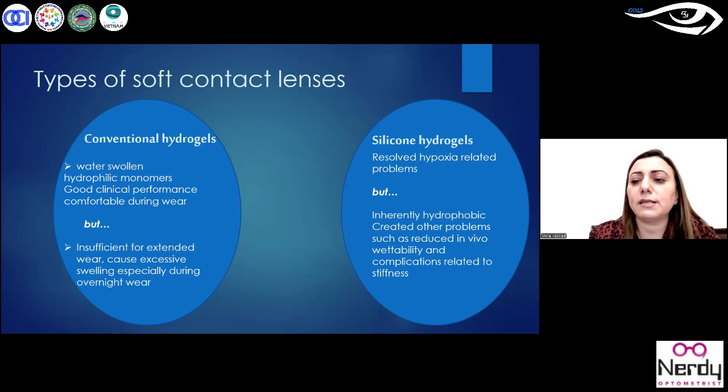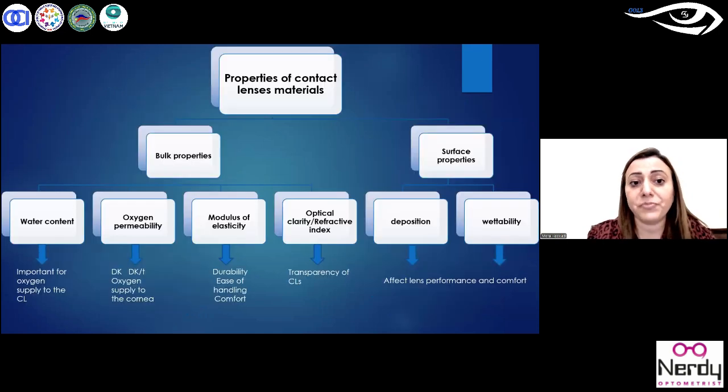So it will create other problems like roughness of the surface. The surface of the lens will be rough. It's hydrophobic, which means it repels water. It doesn't like water. So they created problems with a property called wettability, which is a term that we need to elaborate more in this talk.